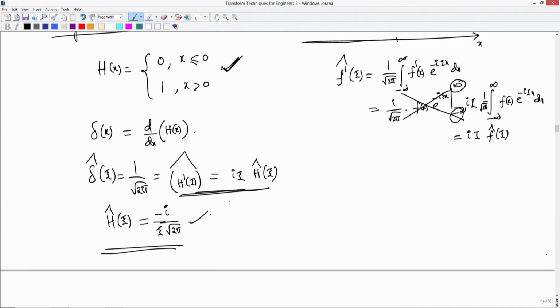We will try to show what this is all about in the next video, with many examples of how to calculate the Fourier transform of these functions. The Heaviside function and the delta function you will have to know, because these are very important generalized functions.